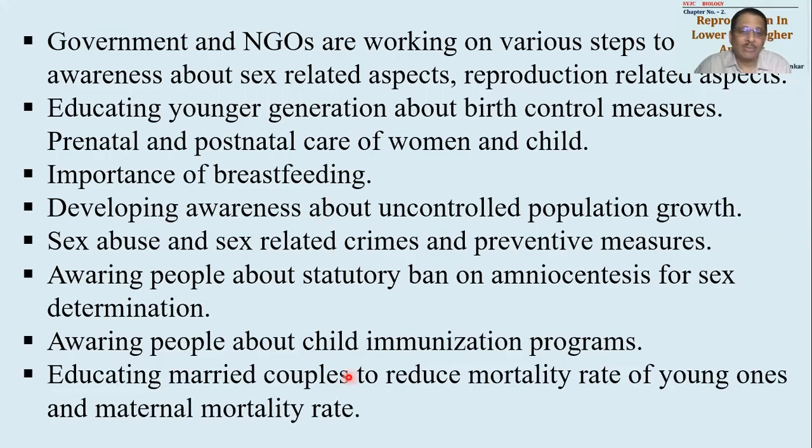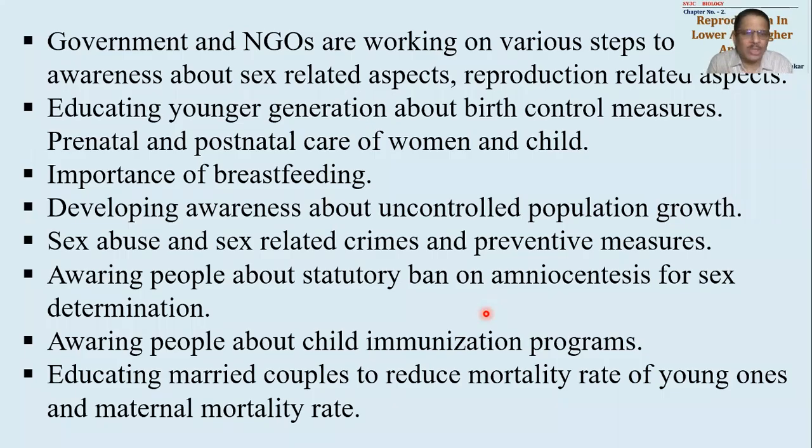And one more point is important here, you can understand: education should be given to married couples to reduce the mortality rate of younger ones and maternal mortality rate. ठीक है, तो अच्छा खाना, सेक्स एंजॉय करना और 2 बच्चों के बीच में सेफ डिस्टेंस रखना, ये 3 चीजें जरूरी है.